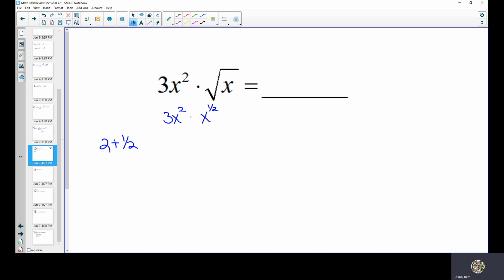Well, we want a denominator of 2, so 2 would be 4 over 2, plus 1 over 2, which is 5 over 2. You could say it's 2.5 on your calculator, and if you take 2.5 and change it into a fraction, you will get 5/2. So this would be 3 times x to the 5/2.